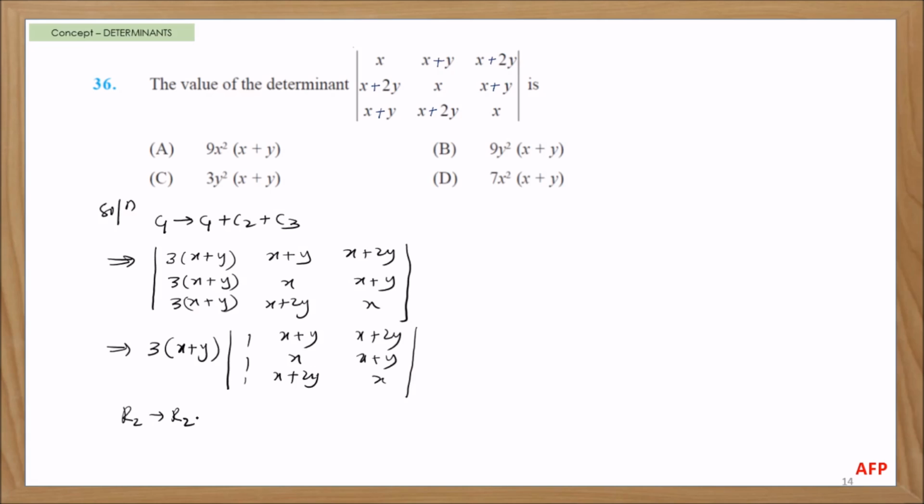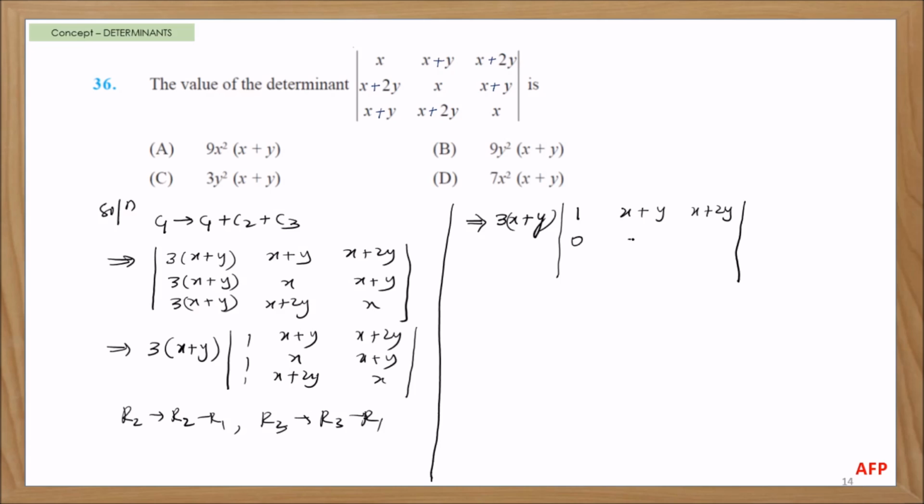R2 changes to R2 minus R1. Already we have done this kind of thing. Here our column containing all 1, x minus y got, x minus x cancels, so minus y got. Okay, so here also 0 we got. You get plus y, you will get minus 2y.